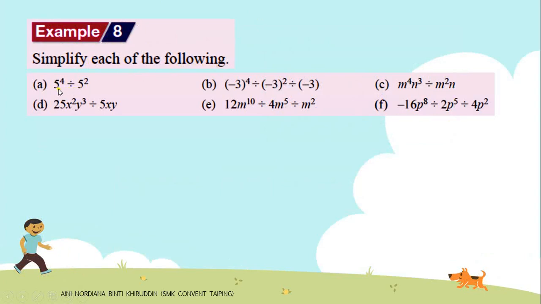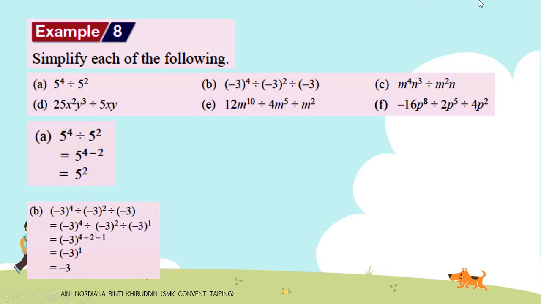Since this is the same base, you just subtract the power. So for A, 4 minus 2 is equal to 2. So the answer is 5 square. For B, negative 3 to the power of 4 minus 2 minus 1. Don't forget this is power 1.